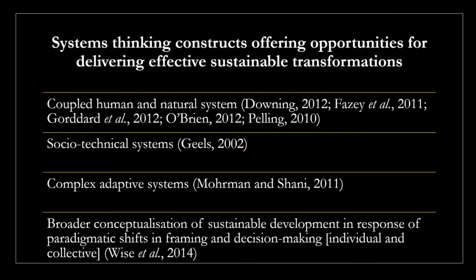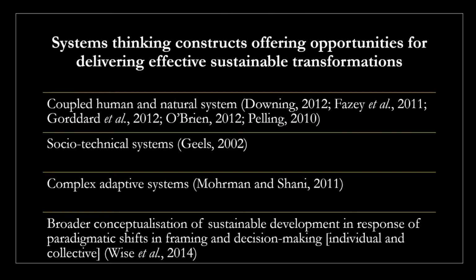However, Geels, 2002, has also provided us with 3 operational levels within the socio-technical system, which I will be discussing in the following slide. Next is complex activity system, and I will explain this system in detail again in the coming slides.